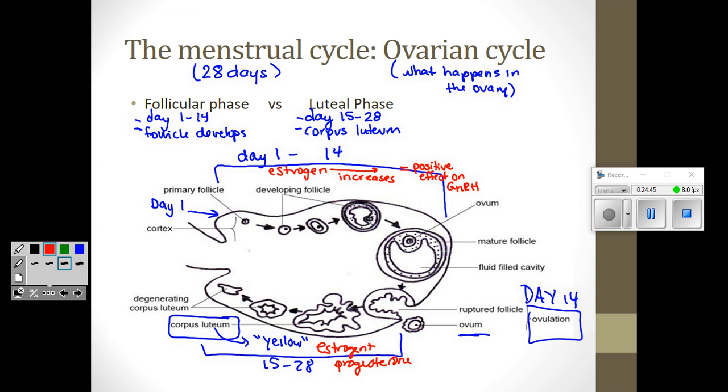The reason that on day 14 ovulation happens is because there is an FSH and LH spike, because of the positive effect that estrogen is having on GnRH.